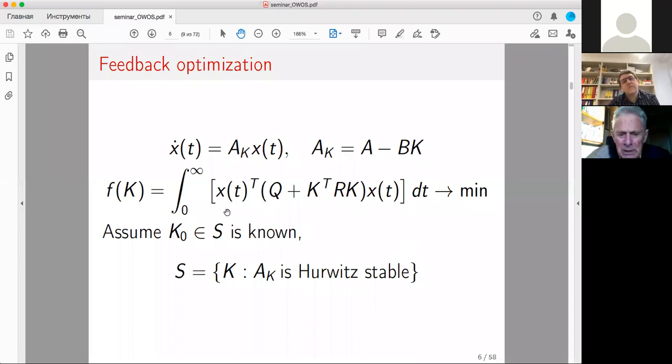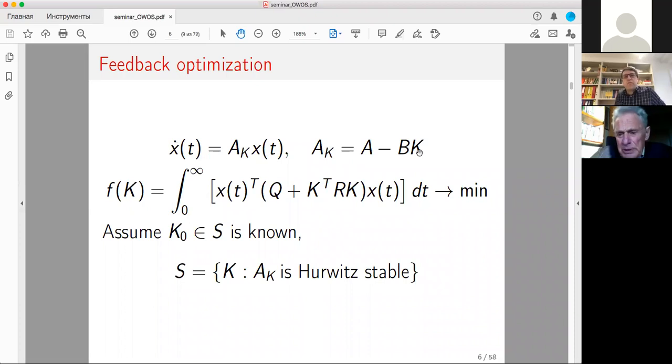And look at it as a problem of feedback gain K optimization. So we have a function of this gain, which is quadratic now, where X is described by this closed-loop ordinary differential equation.